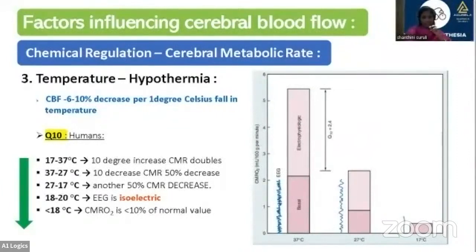See in this graph, between 37 to 27 degrees C, it preferentially suppresses the basal component more. The electrophysiological component also gets reduced, and at 17 degrees Celsius, there is almost electrical silence, and still there is a decrease in cerebral metabolic oxygen consumption.